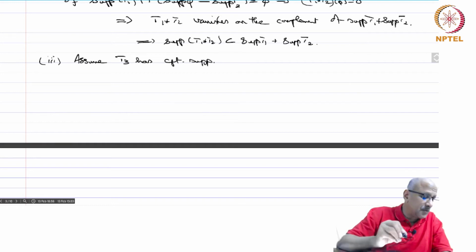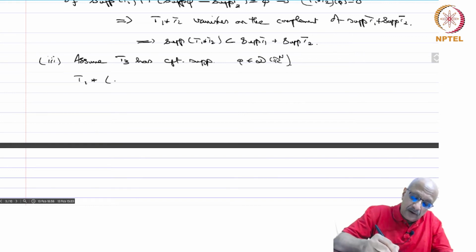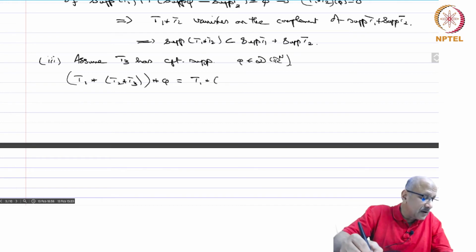So let us assume T3 has compact support. So let phi belong to D of Rn arbitrarily. Okay, so T1 star T2 star T3 star phi equals T1 star T2 star T3 star phi.